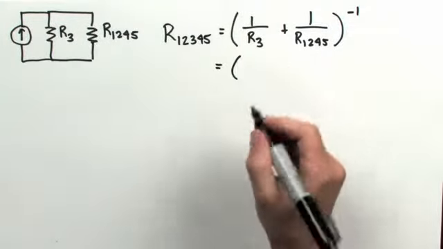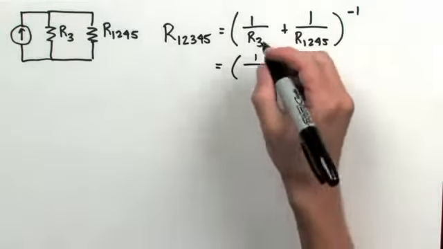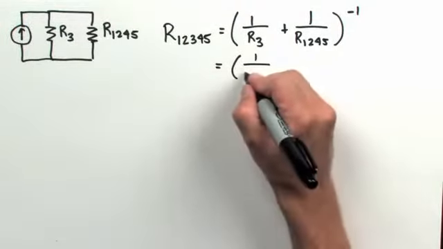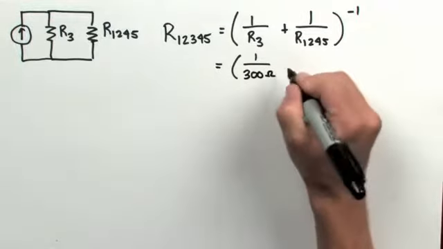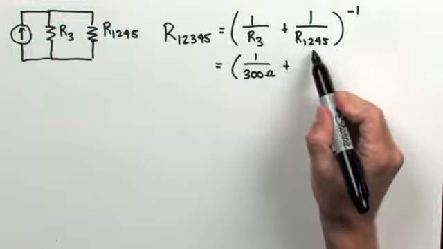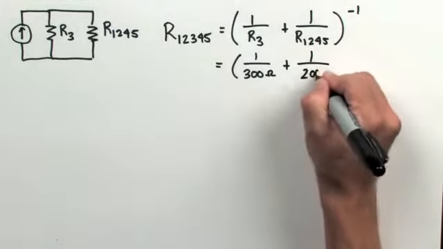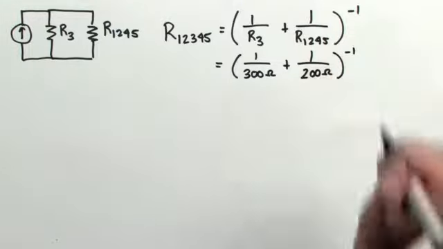When I fill in those numbers, the resistance of R3 from our original example was 300 ohms, and the equivalent resistance that we just calculated for R1, 2, 4, and 5 combined was 200 ohms.